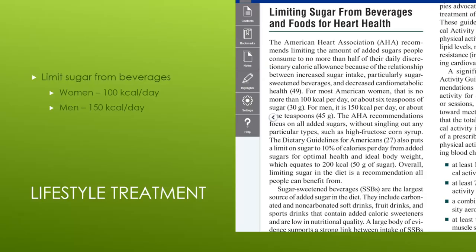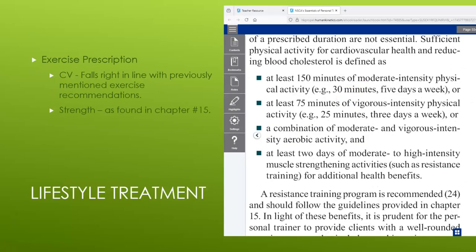But in general, what the book is stating here is you're not trying to focus on types of sugar, you're just trying to focus on all added sugars. And they note that for women, it's 100 kilocalories per day. For men, it's 150 kilocalories per day. And from that, you can start to kind of do the math in terms of, okay, how many added sugars do I actually have from drinking a couple sodas a day or having a Gatorade, etc. And it starts to add up. And the goal is just to limit those sugars.